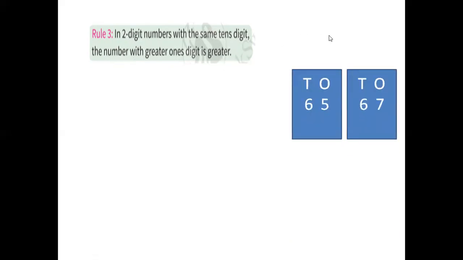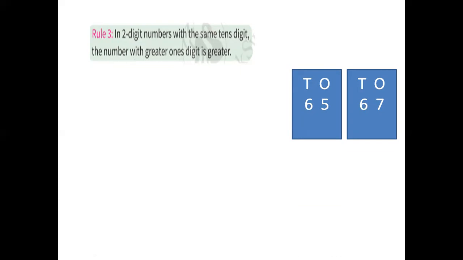In two-digit numbers with the same tens digit, see carefully, same tens digit, the number with the greater ones digit is greater. For example, see here, tens, ones. Here in the tens place 6 is there and here also 6 is there. What will you do?